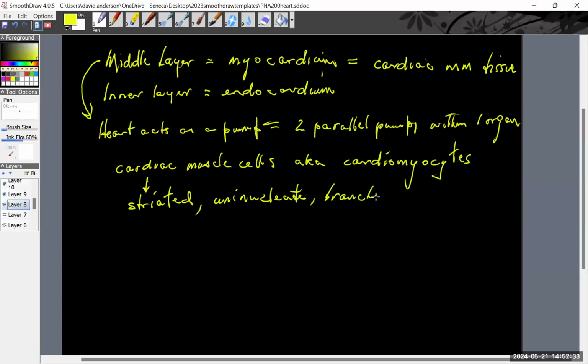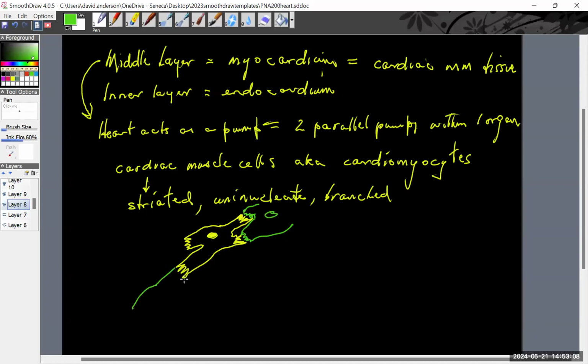They branch quite freely. So we might have a cell body with a series of branches, and here's our nucleus in the center. So where it branches would associate with another cardiac muscle cell.